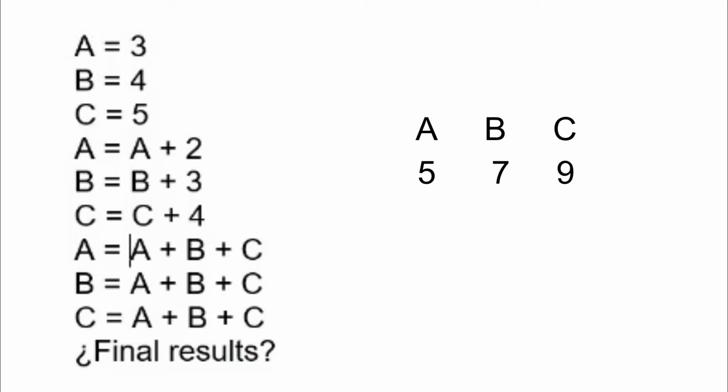Now you can see in these three sentences the order in the right side of the equal symbol is the same, but the result is not the same.